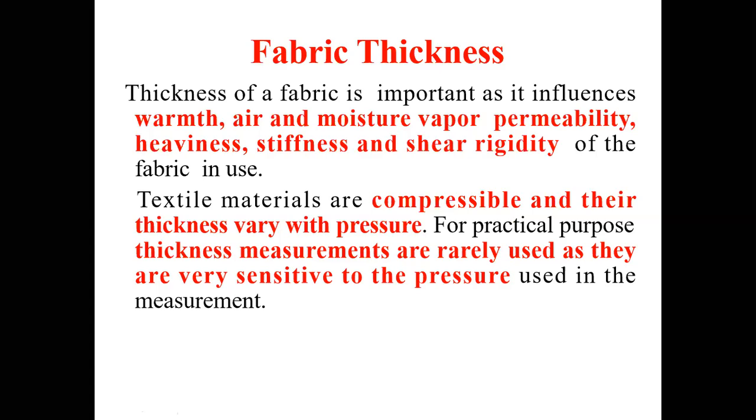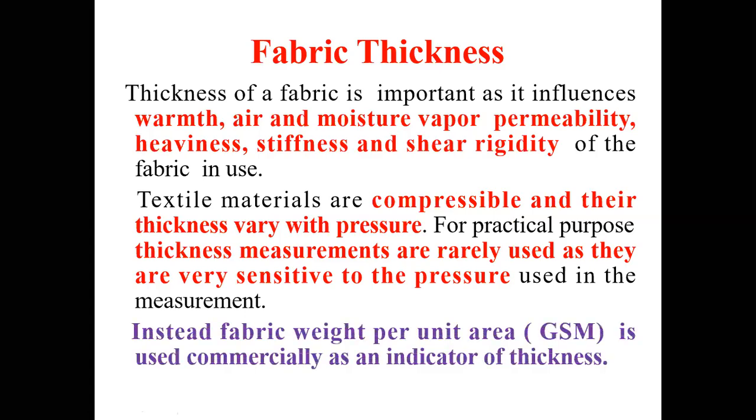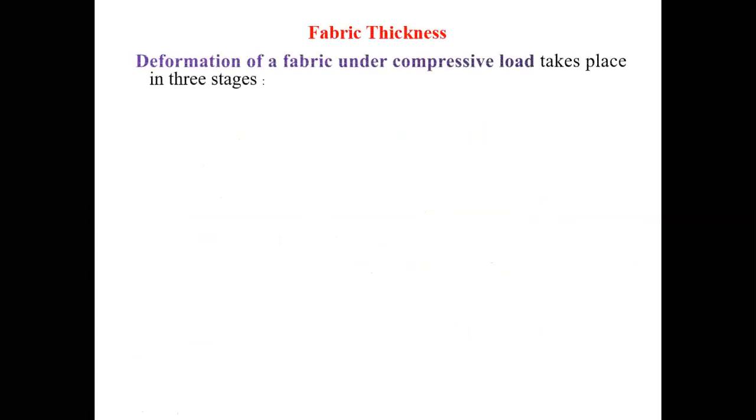That's why for practical purposes, thickness measurements are rarely used as they are very sensitive, and we only use the grams per square meter, or you can say the weight per unit area. The most common unit of the weight per unit area is grams per square meter.